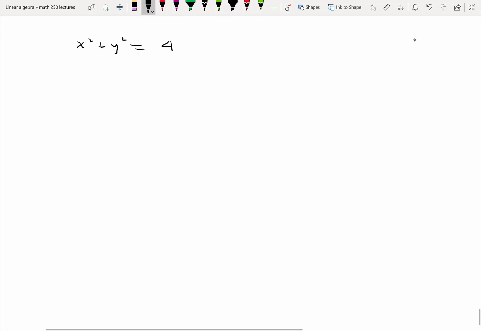Now we're going to use a little Calc 3, but we can probably get away with using Calc 1 to do this. Let's let w equal x squared plus y squared. Okay. Now, this is where the Calc 3 comes in. If you haven't had it, don't worry about it. You won't need this with the method of solution.